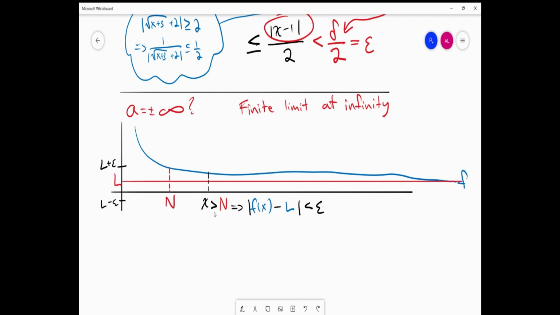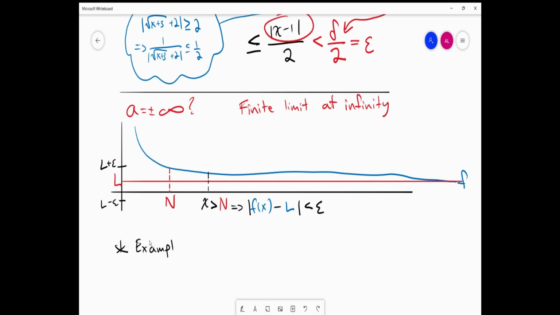There must still exist an n for which, for all values of x that are bigger than n, we will have that f is in this range right here. And n in this case turns out to work. This n, for example, right? No matter what, as we go forward, this f will be smaller in magnitude than L plus epsilon.